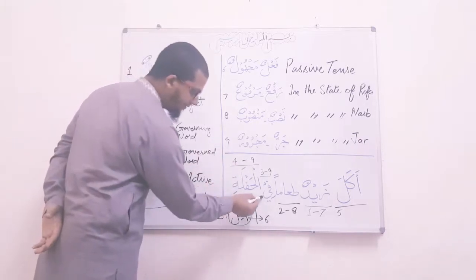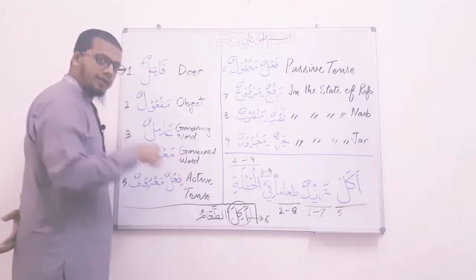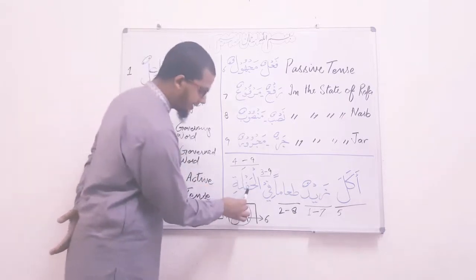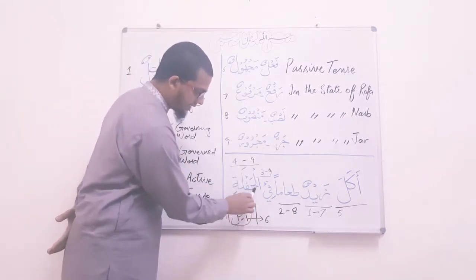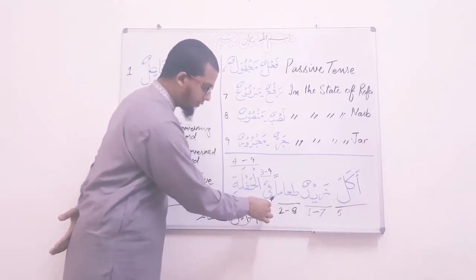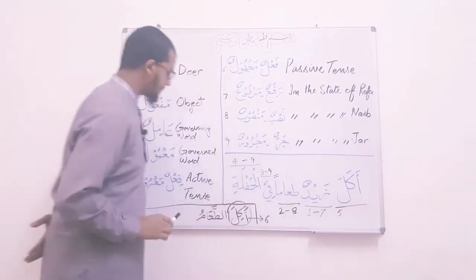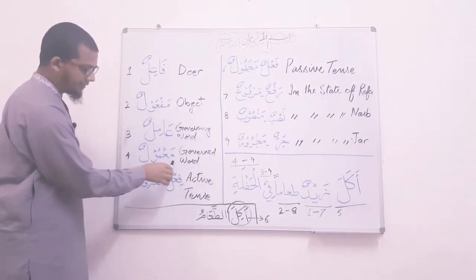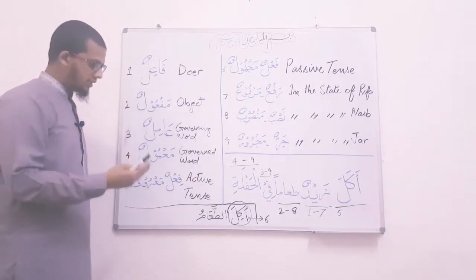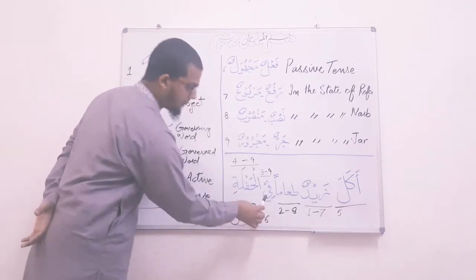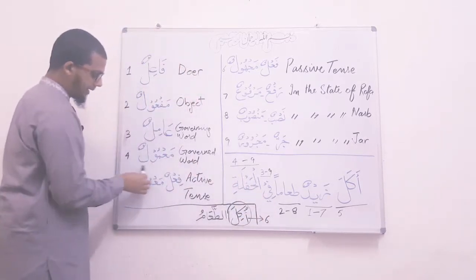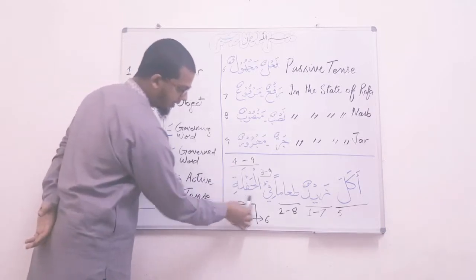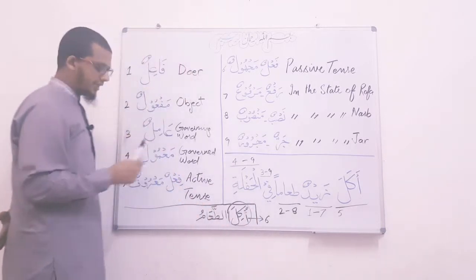Then the word hafla will become the governed word because this is the word which is now governed by the word before it, which is fi. For the governed word in Arabic, we have the term called ma'mul. So fi will be amil and ma'mul number 4 will be hafla, the governed word.